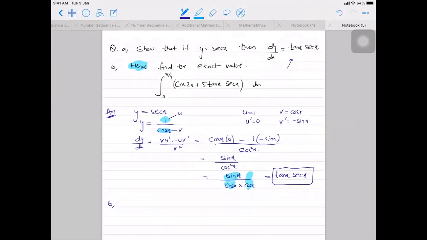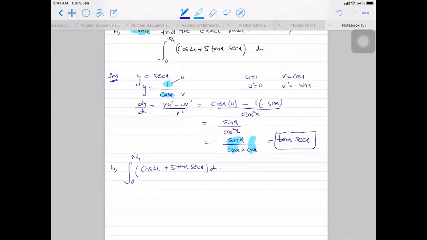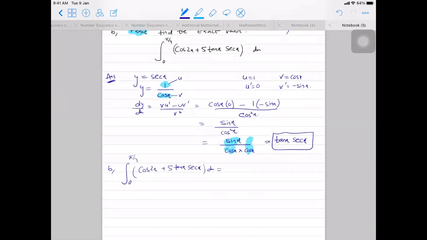So, if I am asked to integrate cos 2x plus 5 tan x secant x from 0 to pi by 4, I can split the terms and write integration of cos 2x first plus integration of 5 tan x secant x dx.